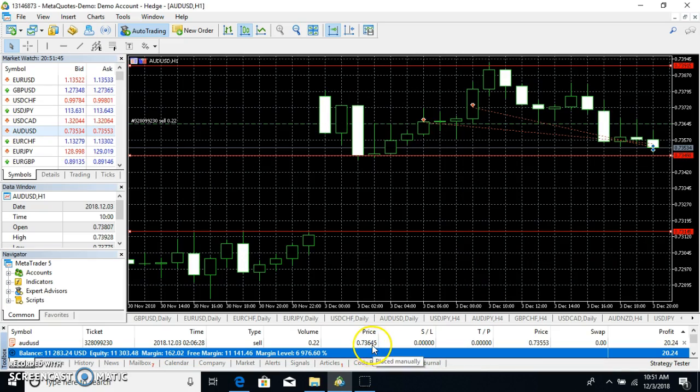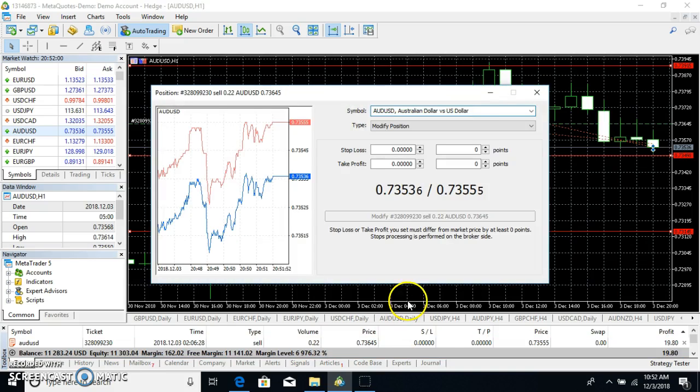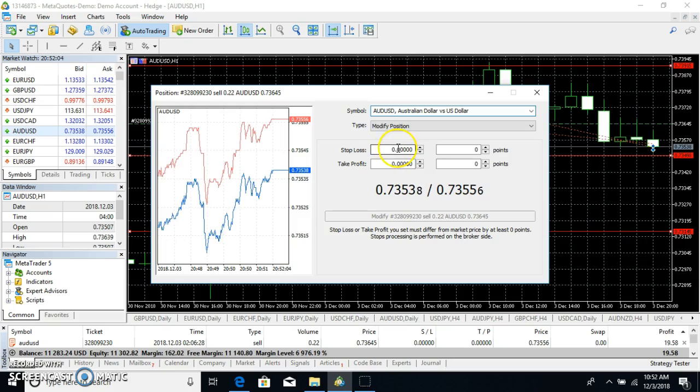It says 73.64. 73.55. Now what I'm going to do, just in case, I'm going to put my stop loss in at break even. 73.